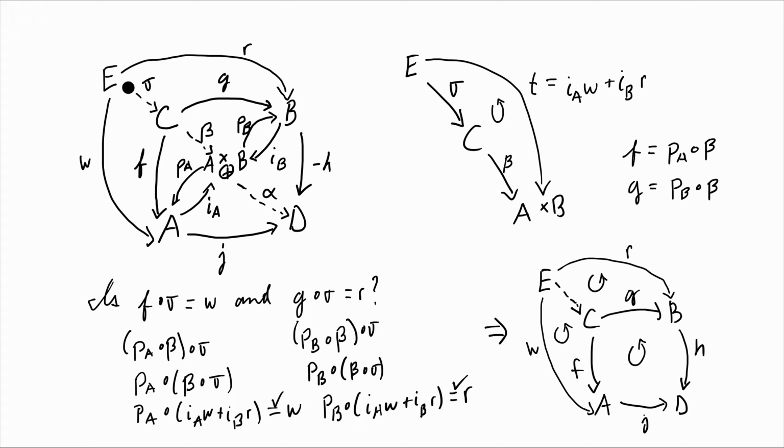actually makes this part of the diagram commute, and this part, so that the universal property of the fiber product will be satisfied, in particular when this is a positive h right here. So the question just amounts to making those commutativities work: is f of sigma equal to w, is g of sigma equal to r?